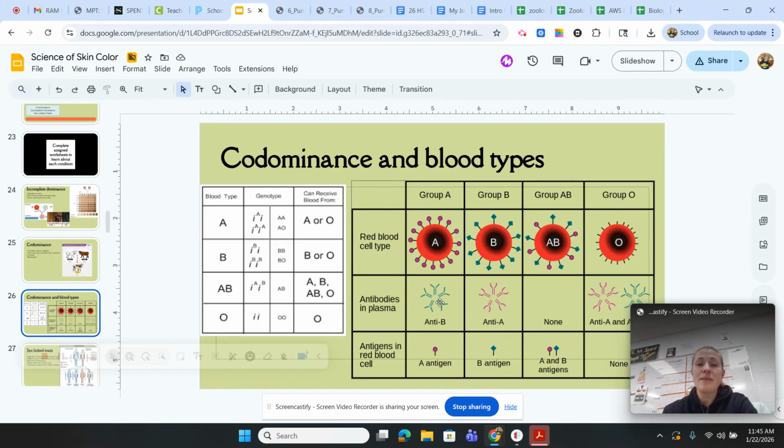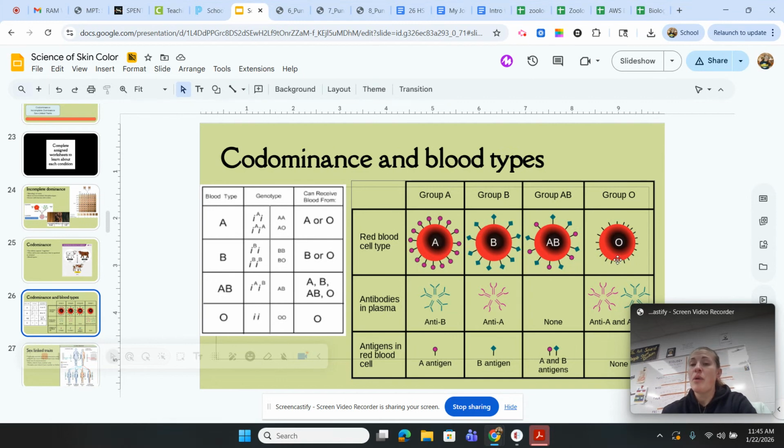So you have type B antibodies that kill off that invading blood. If you have type B blood, you have type A antibodies. So if type A blood gets in you, it kills off that type of blood. If we look at type AB, they don't have any antibodies. So type B blood or type A blood could get in you and nothing is going to happen.